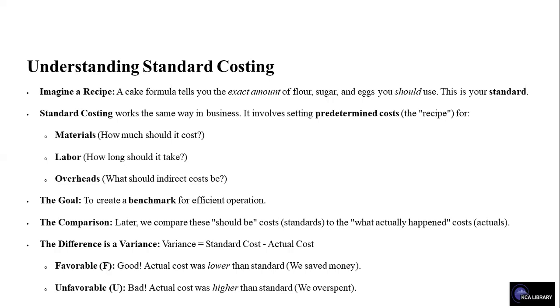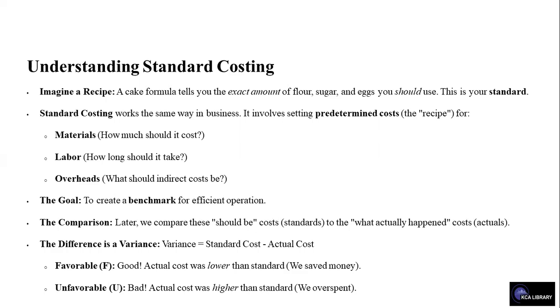Standard costing works the same way in business. It involves setting predetermined costs, the recipe: for material, how much should it cost; for labor, how long should it take; and for overhead, what should indirect cost be. The goal is to create a benchmark for efficient operation.